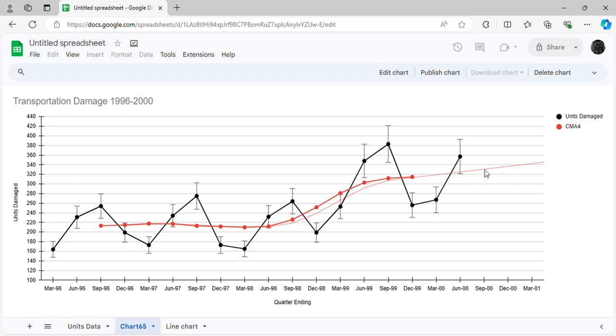So for September 2000, it's in between 320 and 340. So let's take it as 330. And December 2000 is very close to 340, so let's take it as 335.